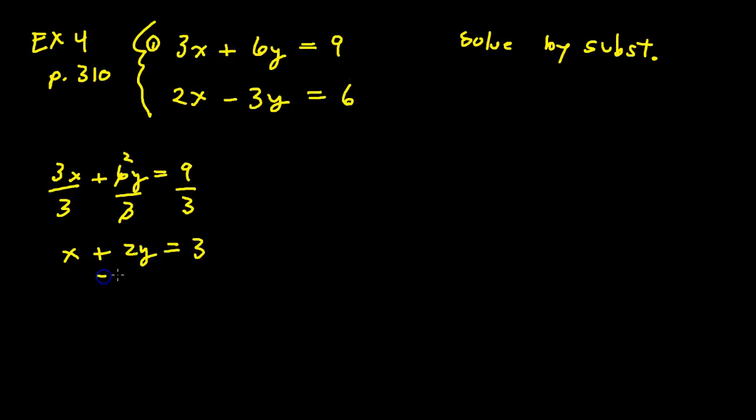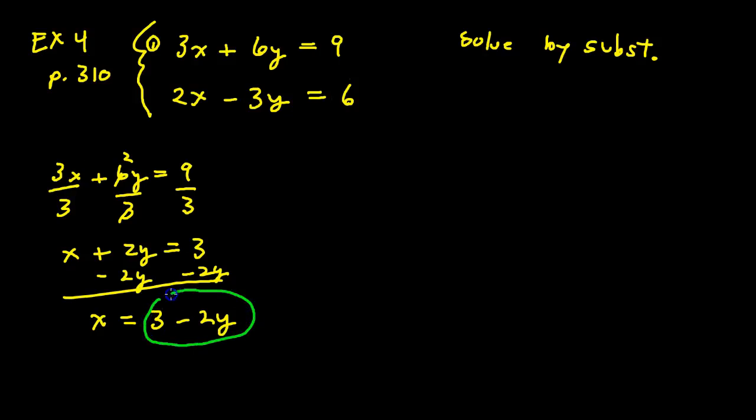And with one more little surgery, subtract 2y from both sides, I will have solved for x in terms of y. So x equals 3 minus 2y, using that first equation, solving for x. I'll then take this expression for x, plug it into the other equation. That will result in one equation with one variable.